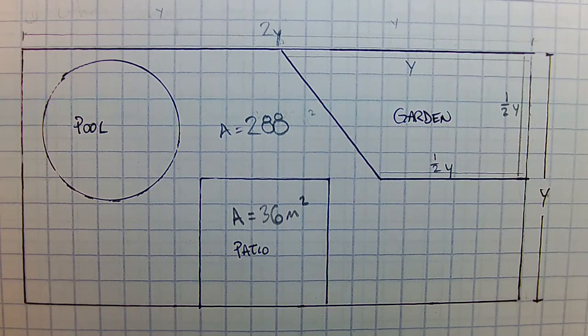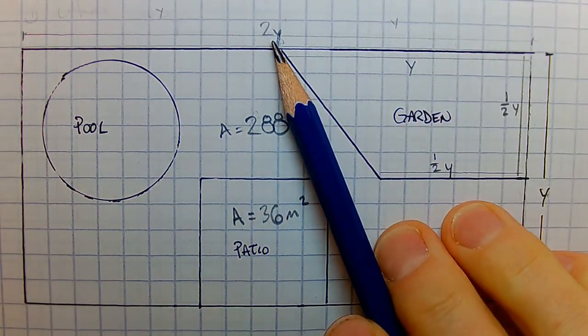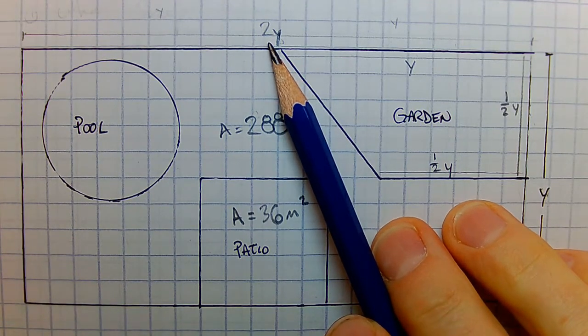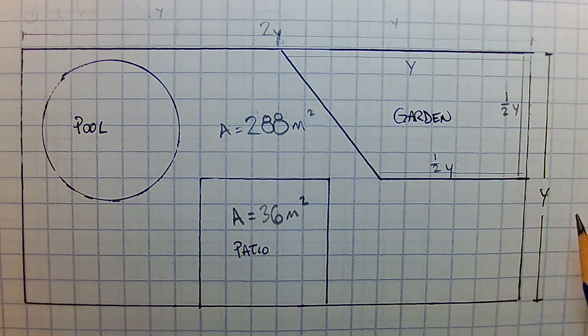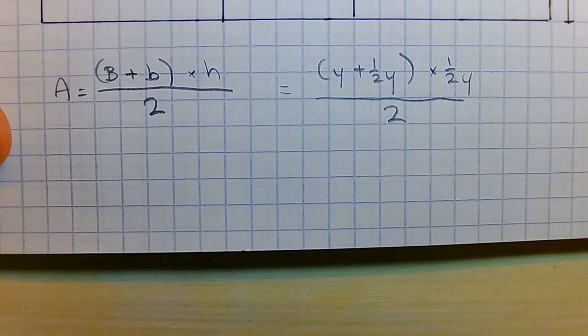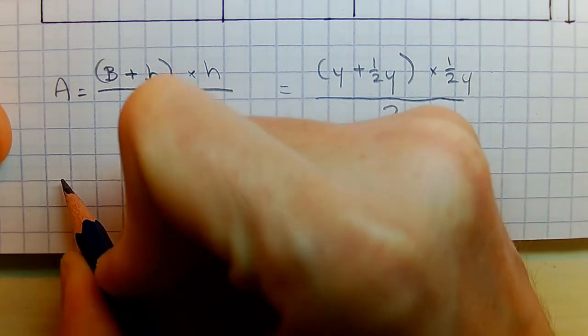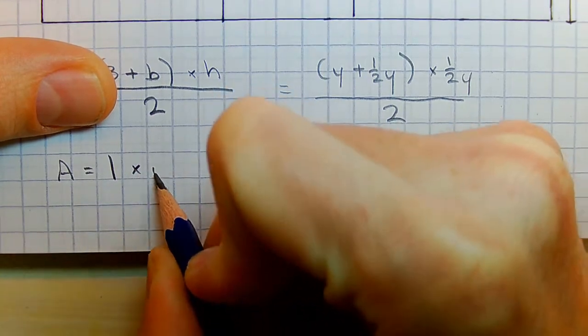But we know 2 other things about this rectangle. We know that the long side is equal to 2y, and the short side is equal to y. So let's use the formula for the area of the rectangle. We can say the area of a rectangle is equal to length times width.